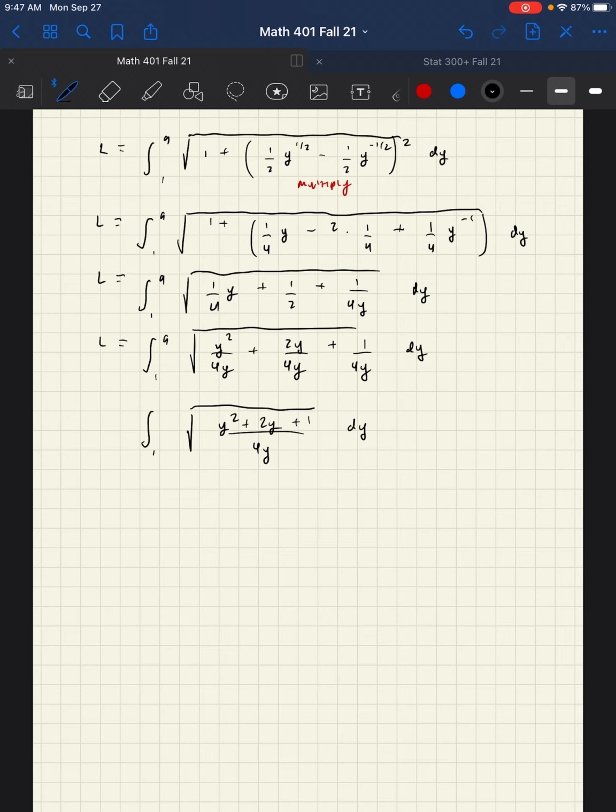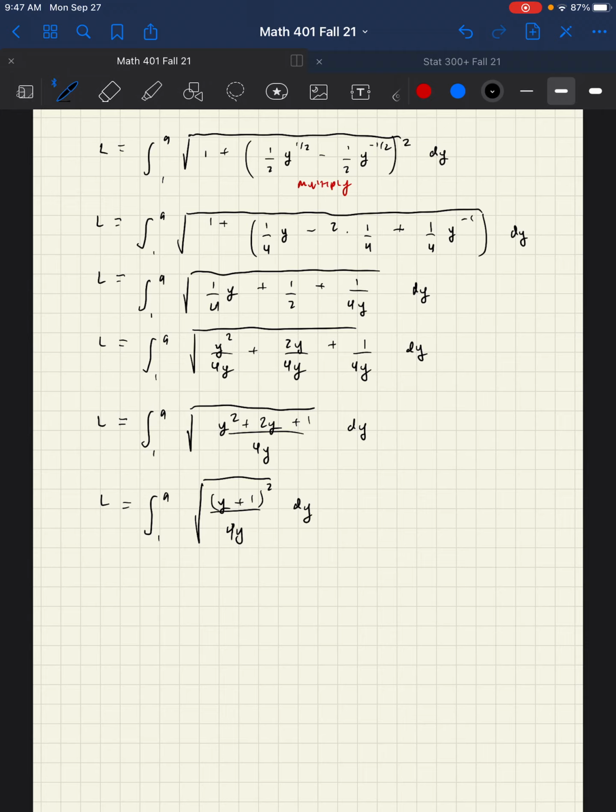So in this case, though, I end up with y squared plus 2y plus 1. That is going to work out nicely because I'm going to get a square, something squared on the top. So I'm going to get y plus 1 squared over 4y underneath the square root.